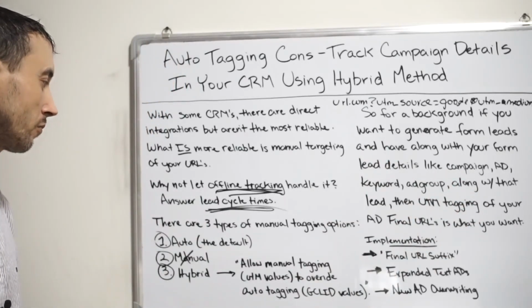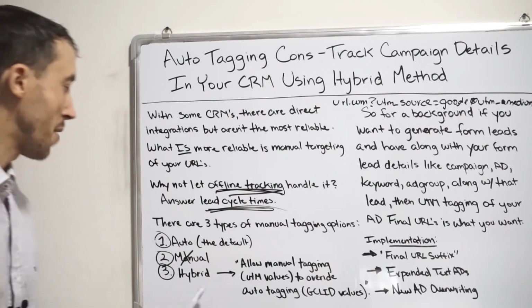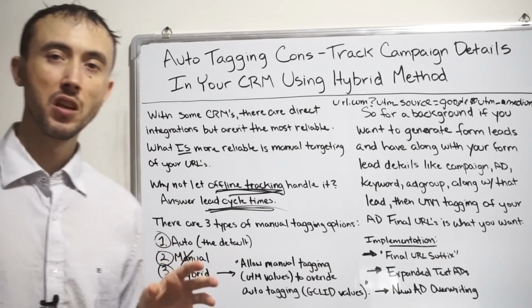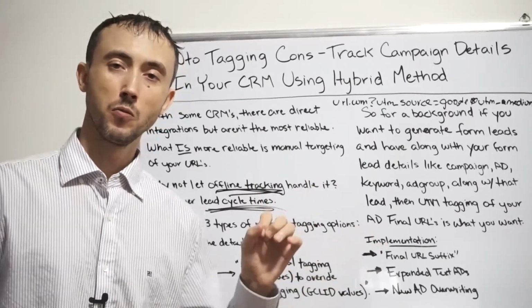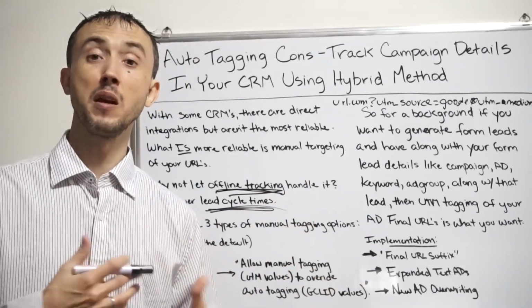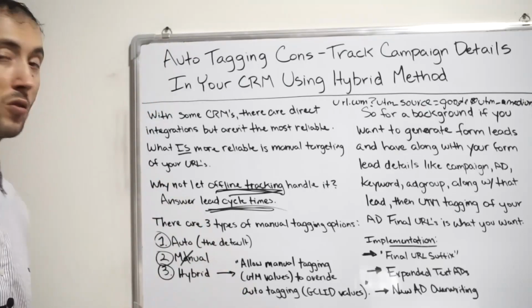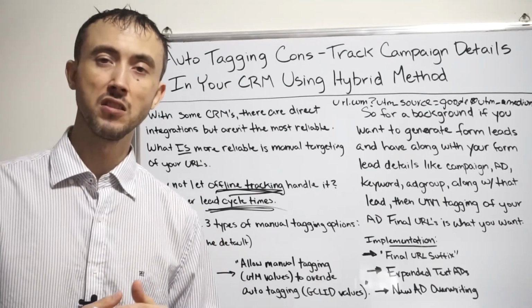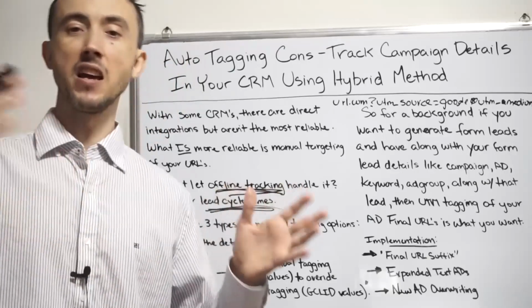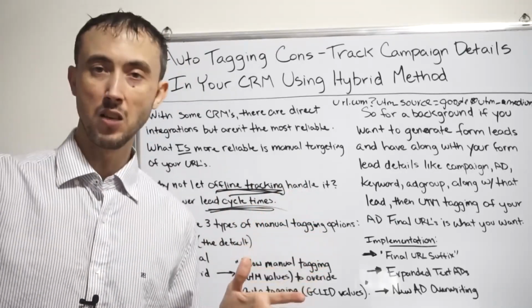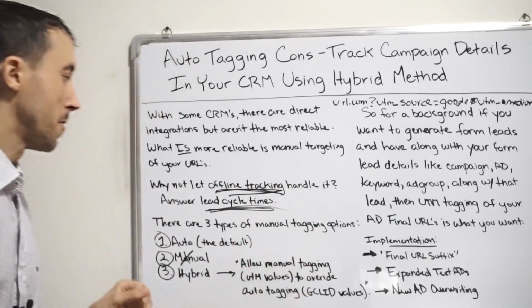So that hybrid method is the one that you're going to use if you're going to have the details submit with the form and go through the process I mentioned here to do long-term analysis of your leads, so you could see past 90 days who bought, who did it by keyword, by ad group, and so forth.